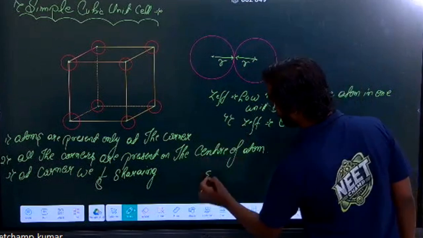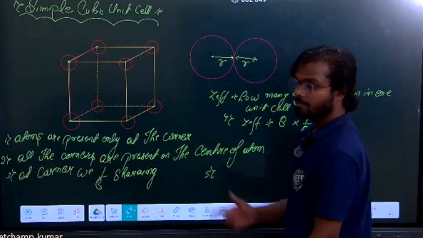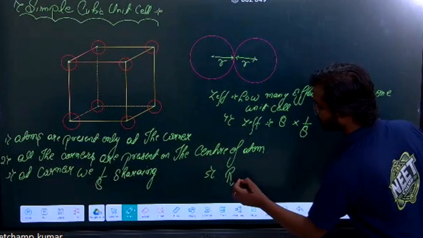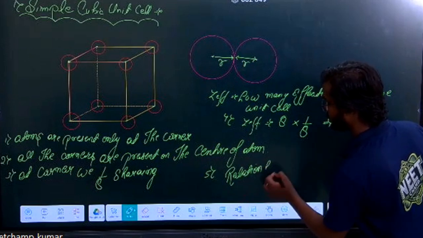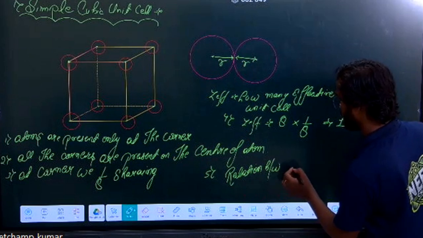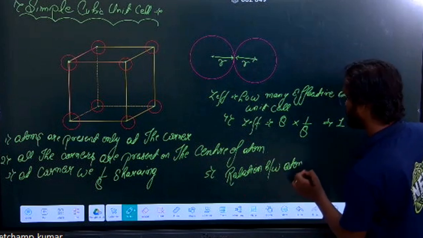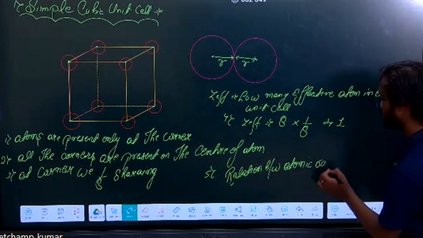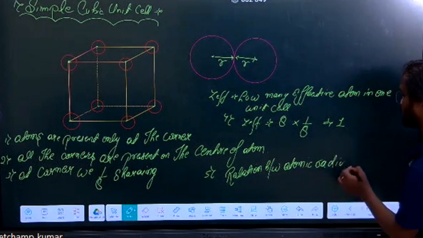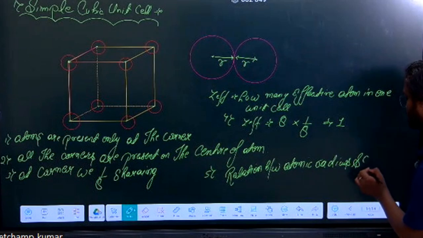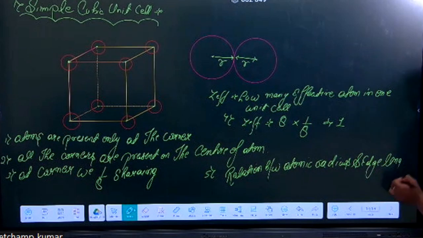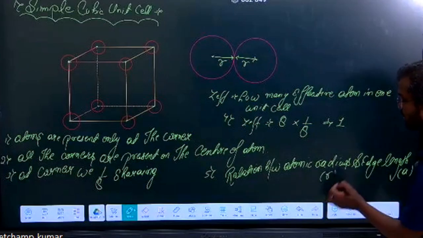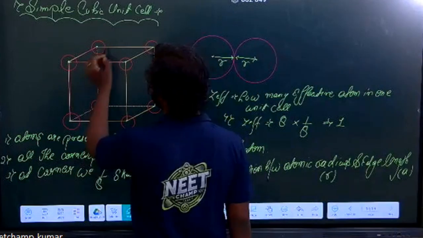Now the fifth point is something called the relation between atomic radius and edge length. Edge length means A, and atomic radius R. Okay, this is my edge length.